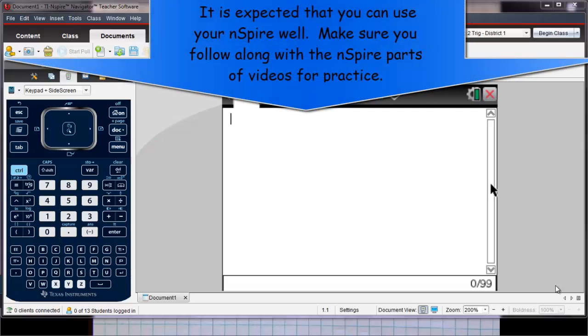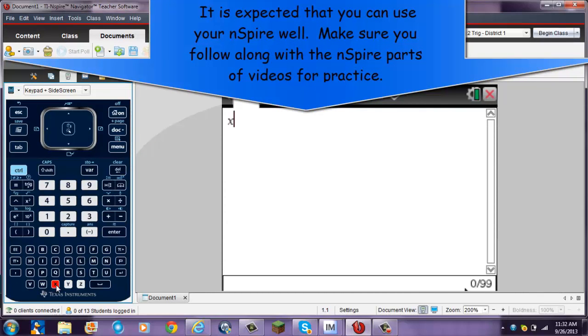So on your Inspire, you want to store your answer. So I'm going to say x colon equals the button next to 9, and my answer, I think, is 3/8. Use those fraction templates, they're wonderful. And then you type the original equation before you did anything to it.